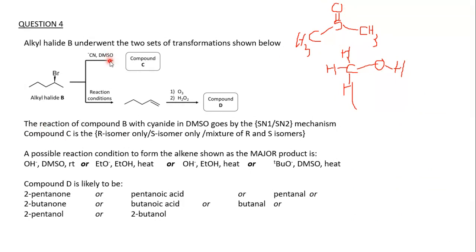So now that we've decided that DMSO is a polar aprotic and we have cyanide in there, how do we use that information to find out if it is SN1 or SN2? How does solvent play a role in SN1 versus SN2? How does the nucleophile play a role in SN1 versus SN2?